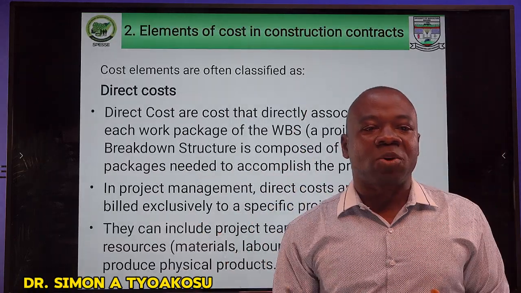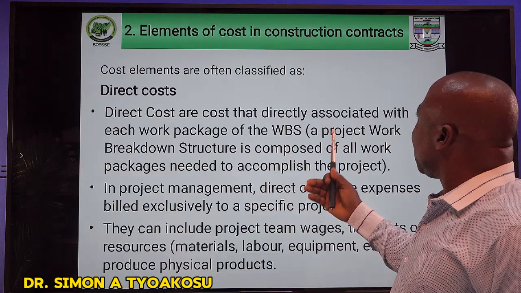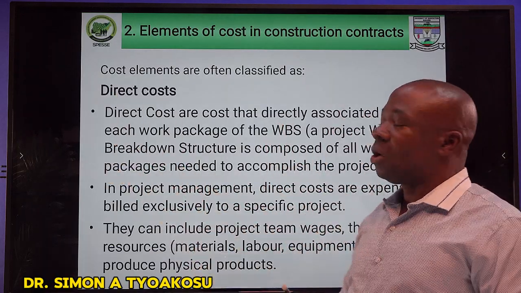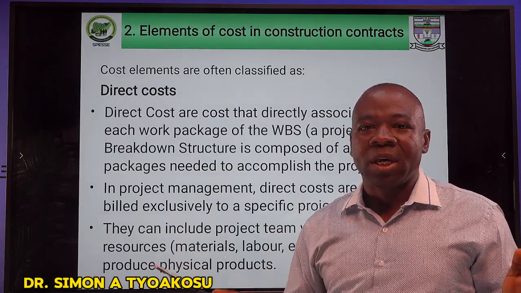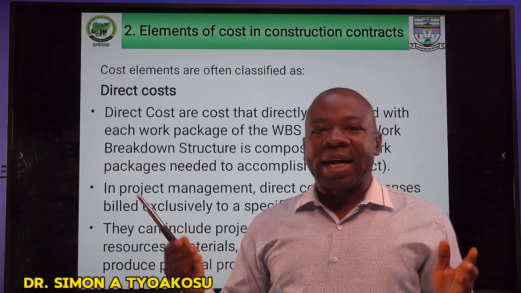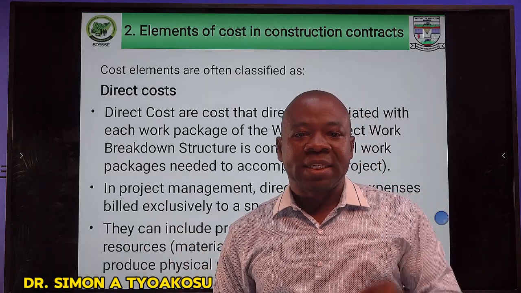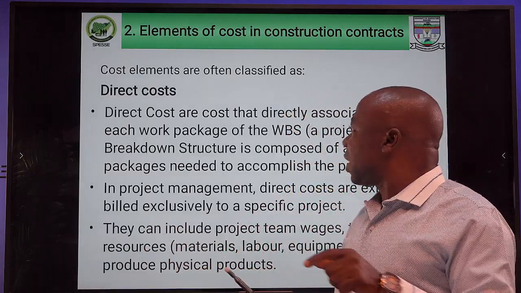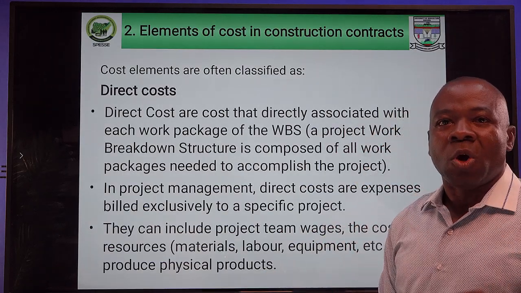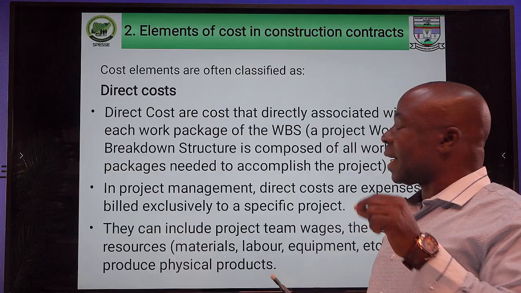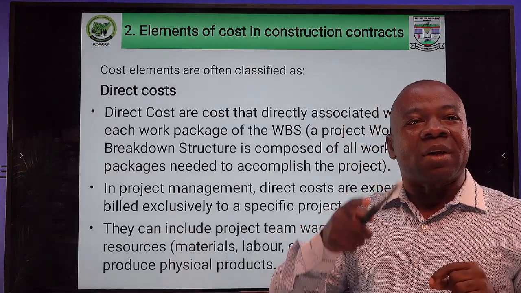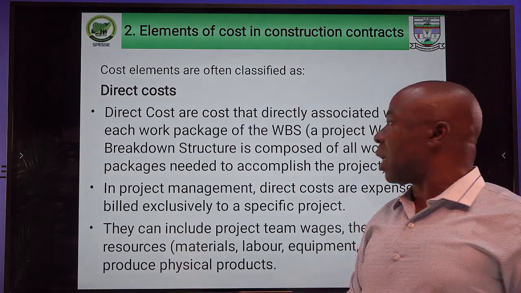The second aspect of this course is looking at what are the different cost elements that are considered in a construction contract. Basically, when you talk of elements of costs, they are basically direct and indirect cost elements. The direct cost elements are those that can be traceable to a particular product or to a particular service, while the indirect ones may not easily be directly related or traceable to a particular cost element.